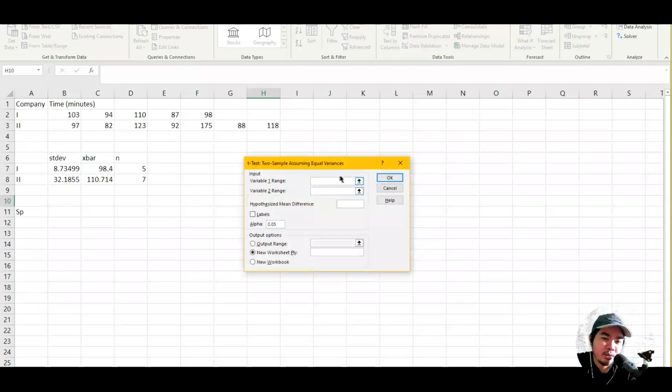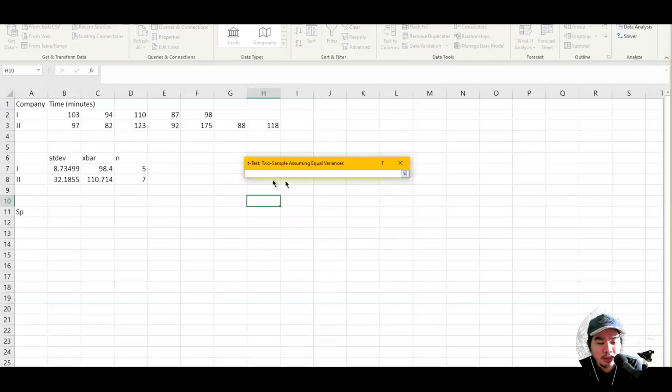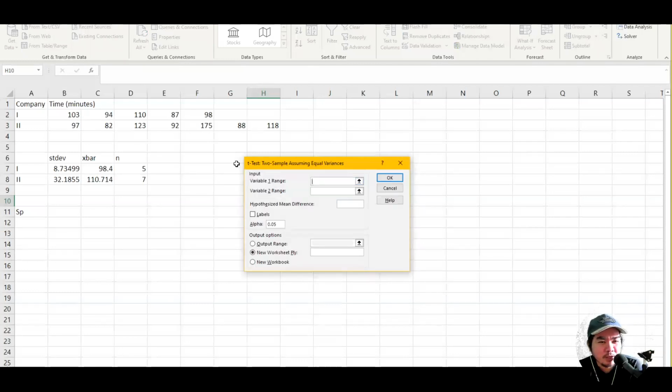For now, although this is a t-test, estimation and t-test are very much related. Estimation is more about the confidence interval, while hypothesis testing is actually trying to test an assertion, or a hypothesis. In this case, we are not asserting anything.